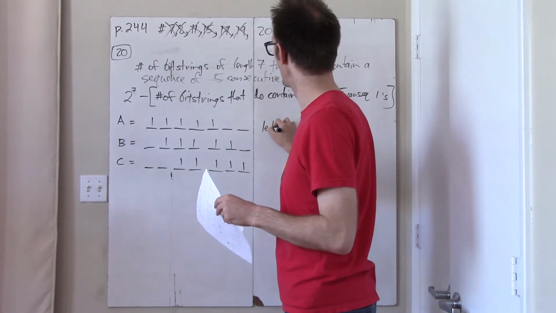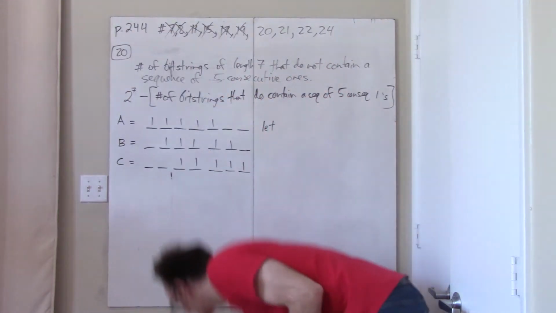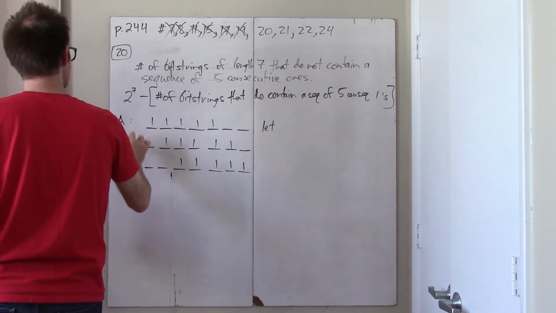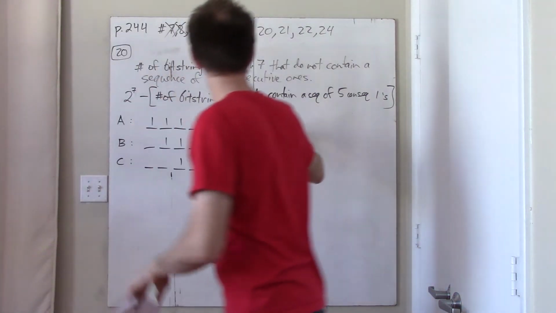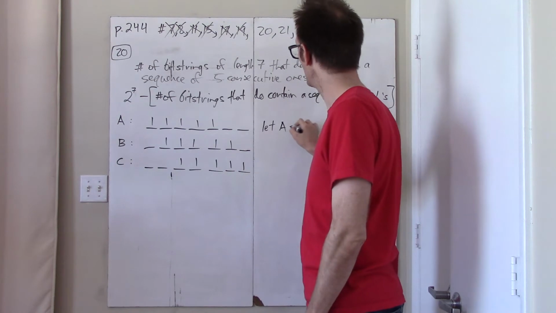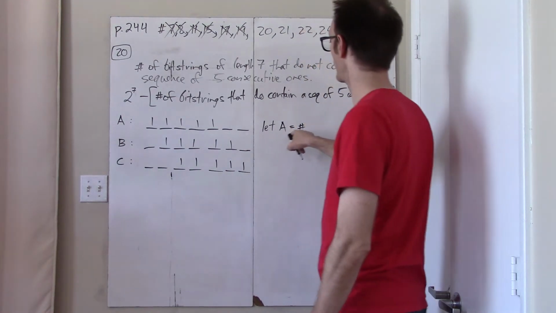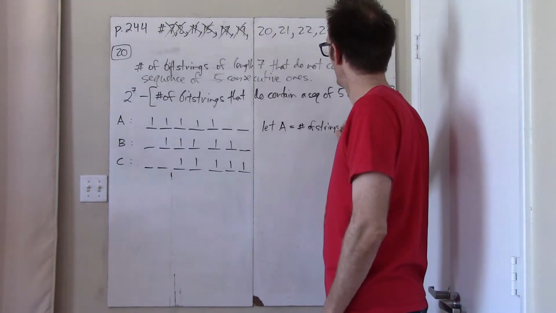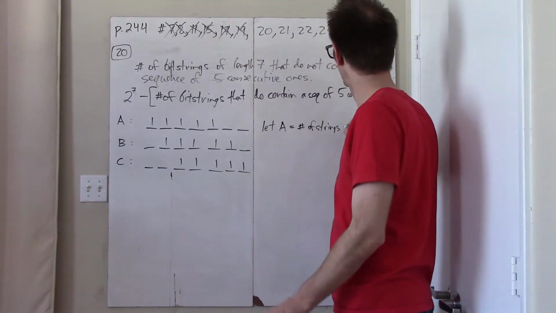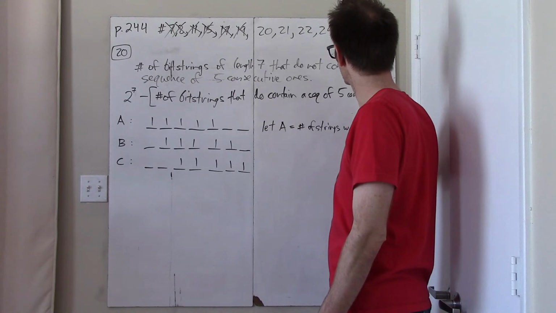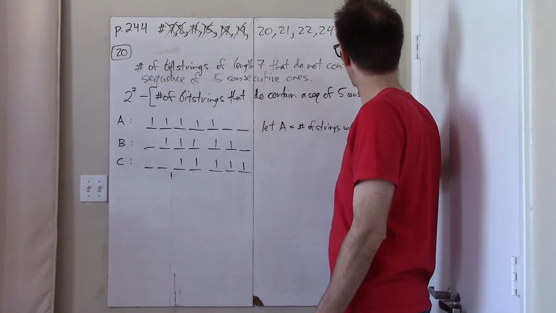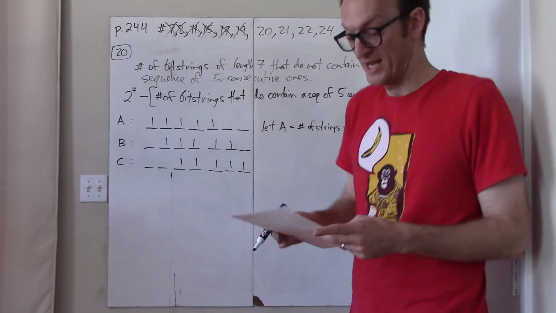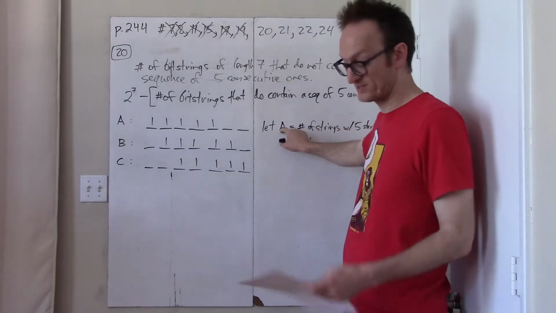Let A be, I define A combinatorially as the number of strings with 5 starting ones. And of course, it's true that A is 4.